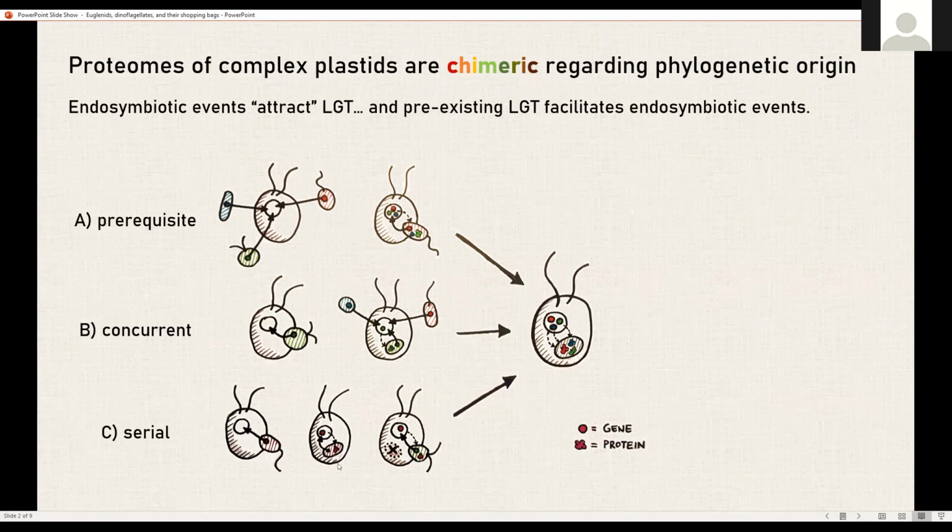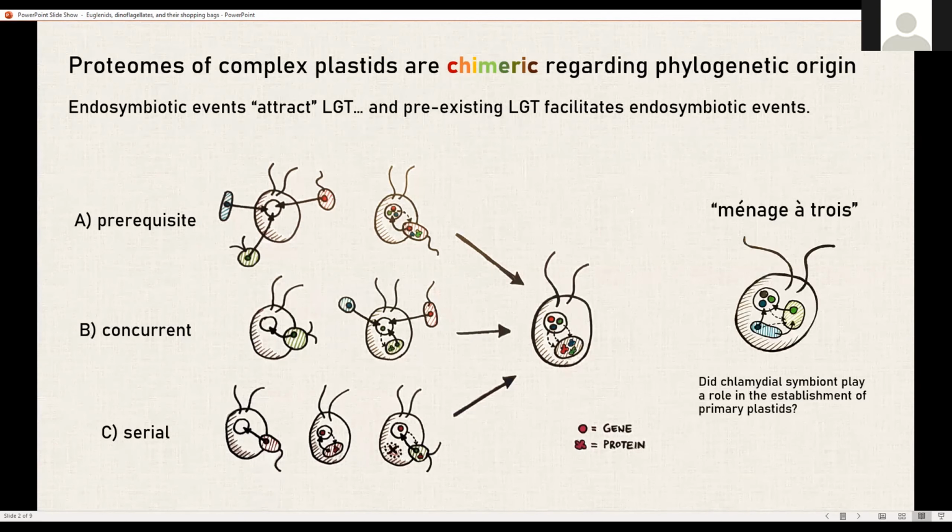And C, a series of endosymbioses and endosymbiotic gene transfers, each of which can readily recruit genes left by the previous one. Also, it is worth mentioning that in primary plastids, there is a non-negligible presence of chlamydial genes. So some people theorize that the chlamydial endosymbiont may have been somehow involved in the primary plastid establishment too.